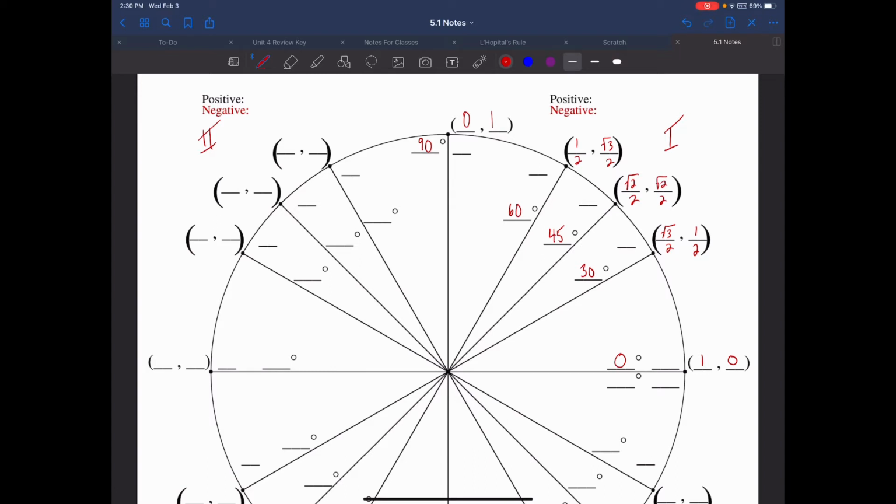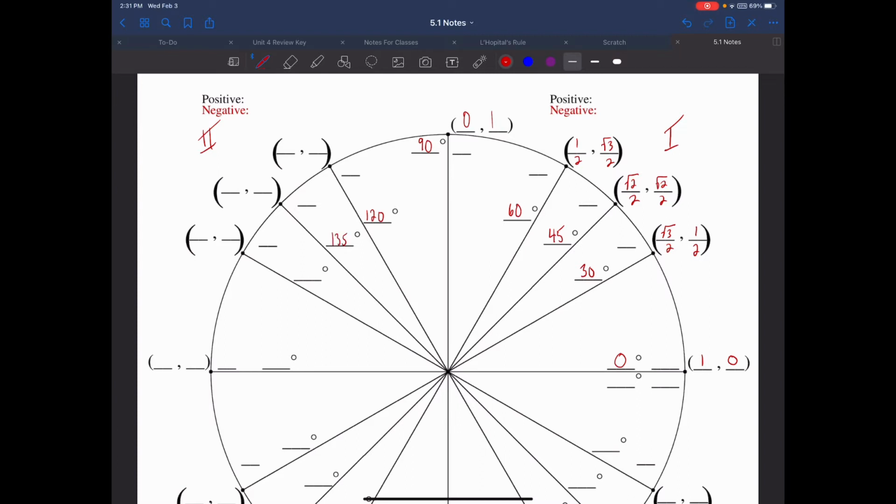If you have filled out quadrant 1 of the unit circle, then you have all of the values from the rest of the circle. Let's fill out all of our angles though. You have 90, and then it's plus 30, so 120. Plus 15, so 135.